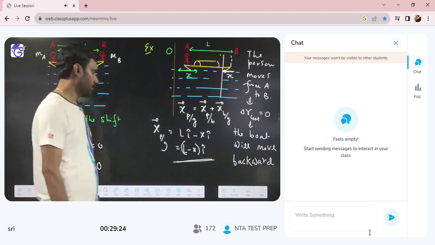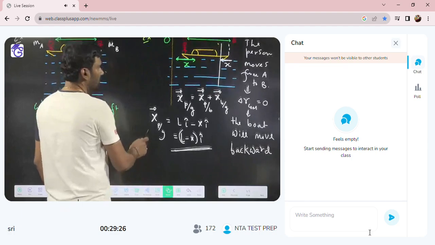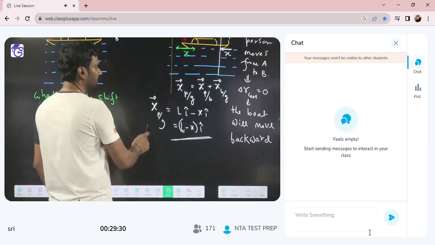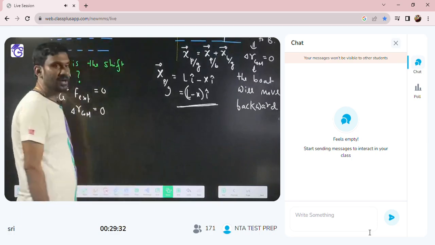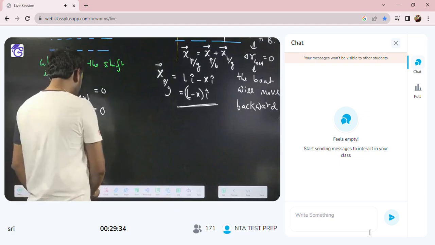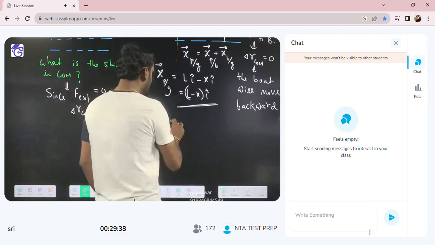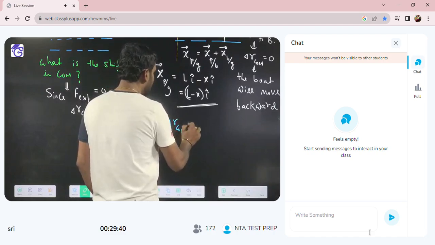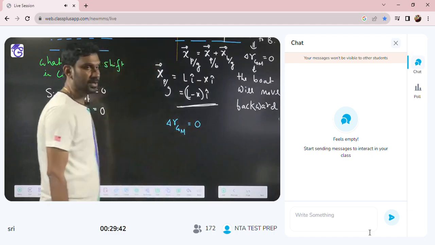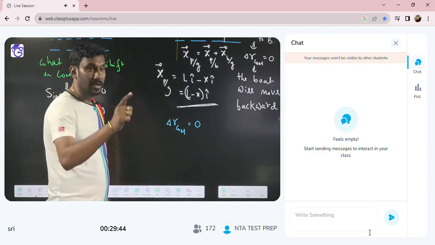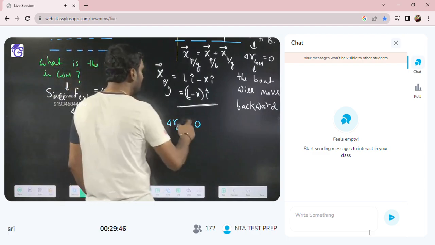From there, now, how much is the shift in center of mass? Shift in center of mass, delta R center of mass, is equal to 0.